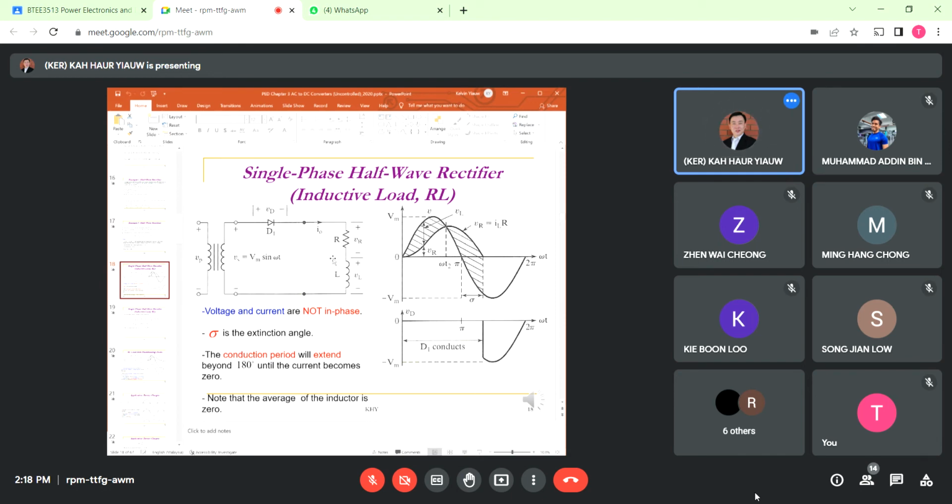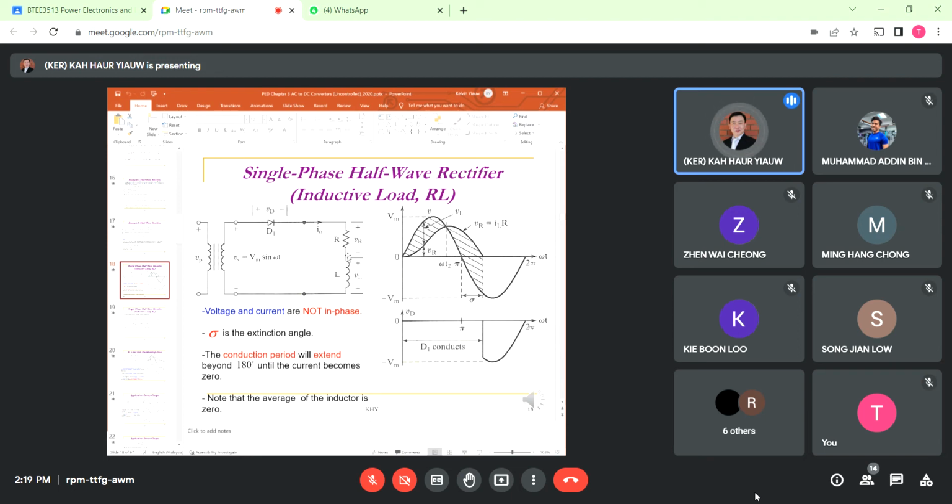So normally, if we have an inductive load, your current waveform will be lagging your voltage waveform, so with an inductive load your power factor is lagging.